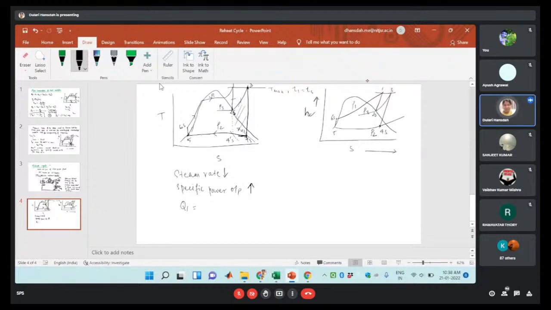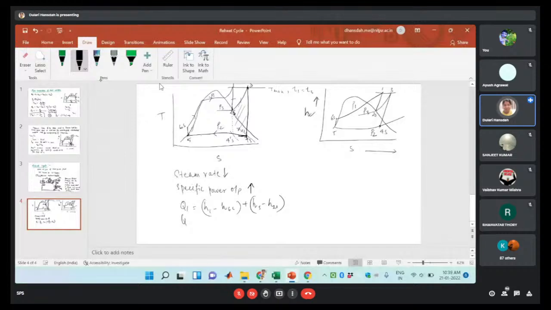So Q1 is equal to your H1 minus H6S, plus here again we are adding a heat that is H3 minus H2S, right?